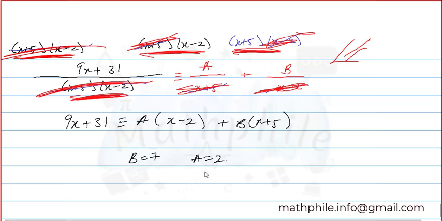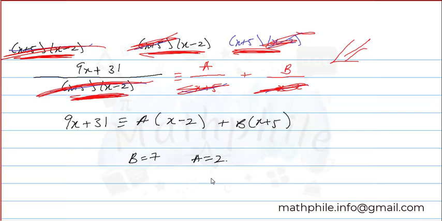A is equal to 2 and B is equal to 7. Are you alright?